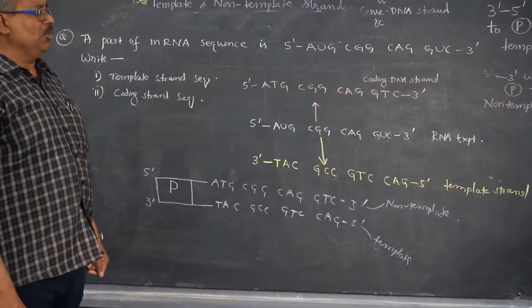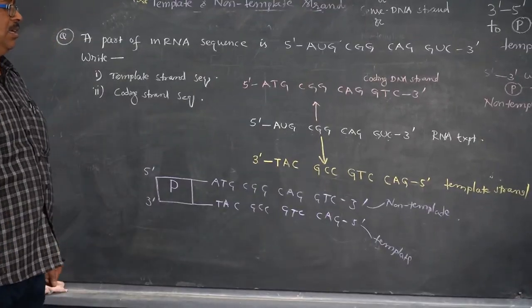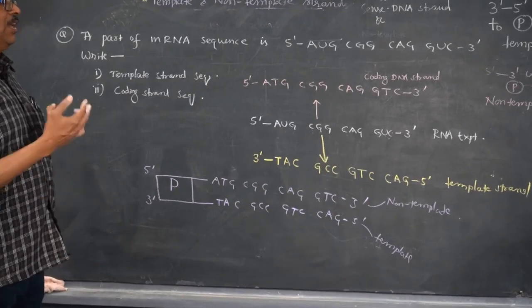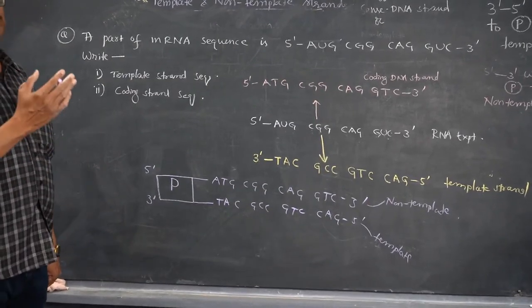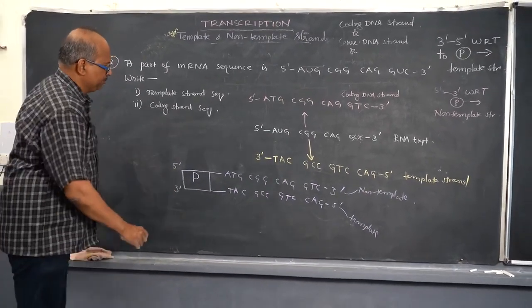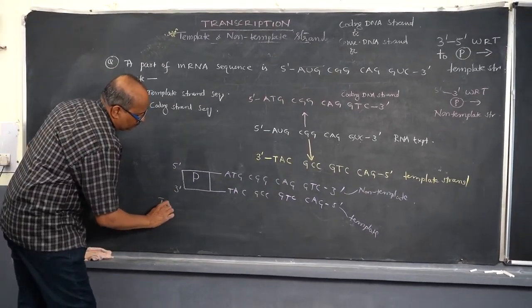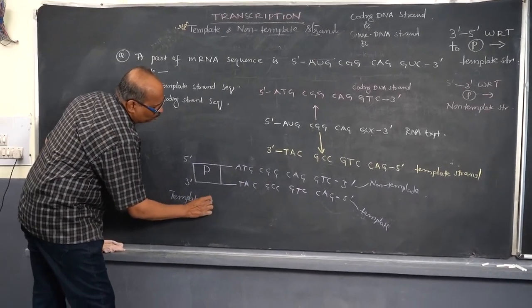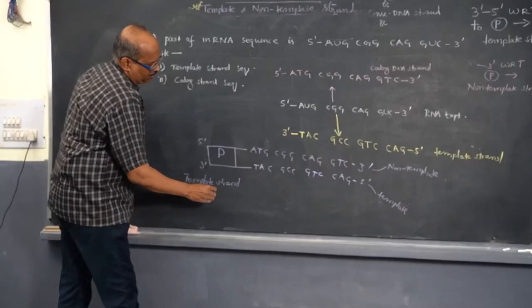Now one thing that you have to remember in the exam is when they ask you to write a template strand, they will ask you to write in 5 prime to 3 prime direction. So this we will write. This is important. They won't give you 3 prime to 5 prime. They ask you to write in 5 prime to 3 prime.